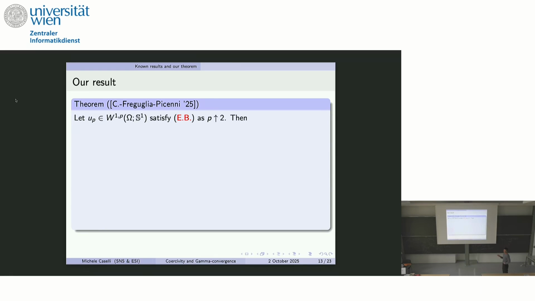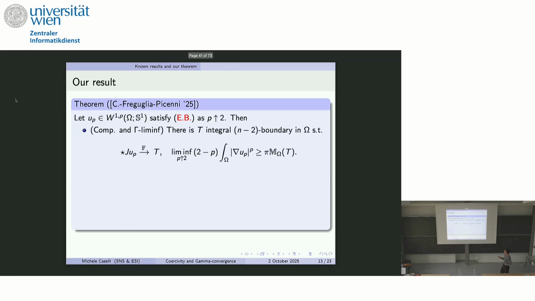So this was basically everything known about this kind of convergence. In our result, we established the full gamma convergence of this functional, which means if I take a sequence of maps that satisfies the energy bound as p tends to 2, then two things hold.